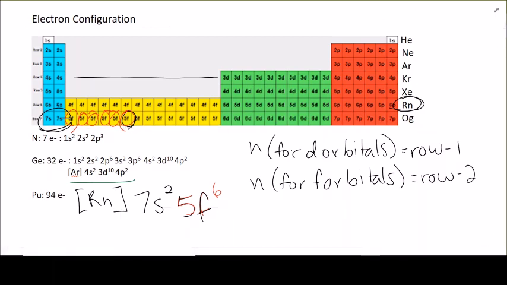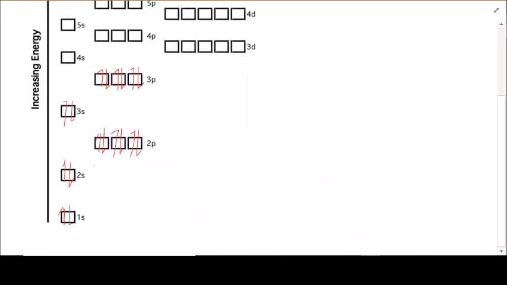Now there are some exceptions to how electron configurations should be written. The electron configuration that we would expect for chromium would include the 18 electrons from argon, and because chromium has 24 electrons, 24 minus 18 would leave us with 6 electrons left.